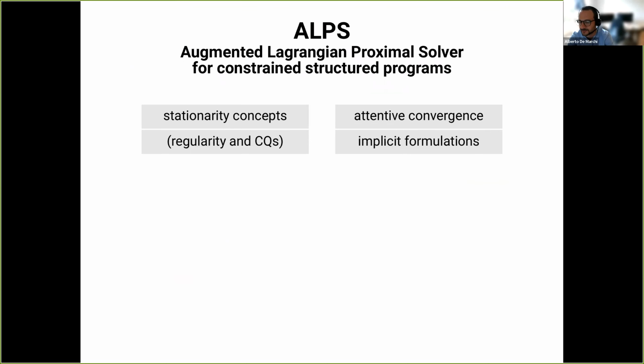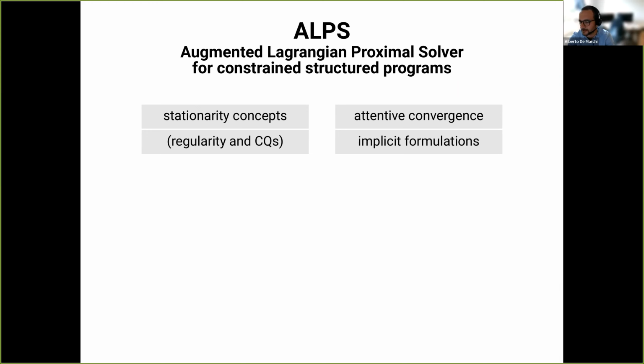And yeah, so in this presentation, I talked about these constraint structure programs and a method based on augmented Lagrangian and proximal schemes to deal with these problems. I discussed some stationarity concepts. I have not discussed regularity or some sort of constraint qualifications, but they are in the paper.